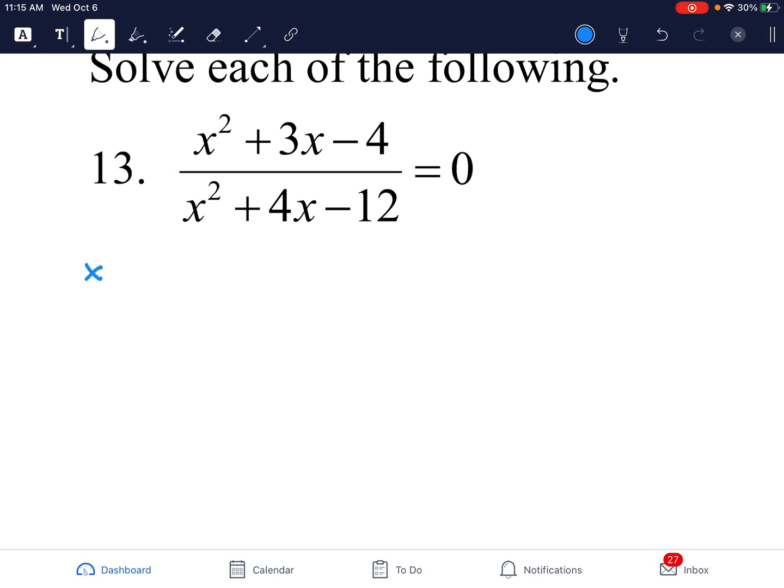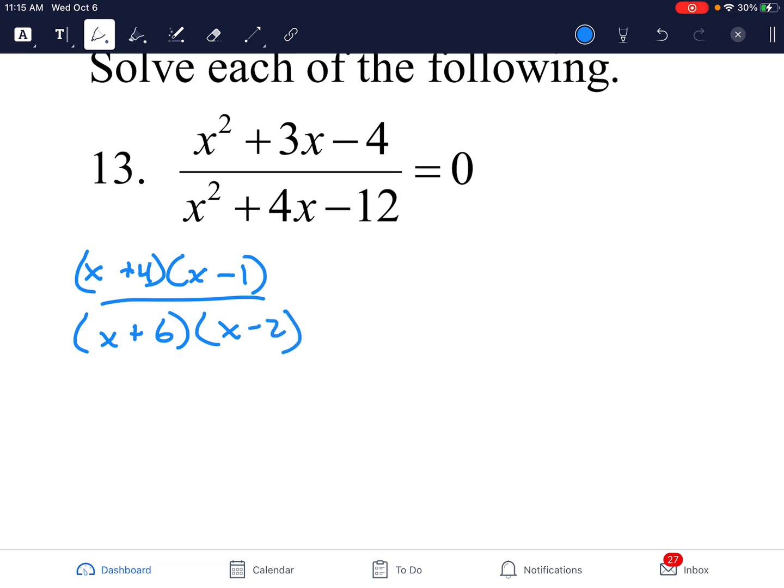So the first one, I'm going to have x plus 4 and x minus 1 as our factors. The bottom, two numbers that multiply to be negative 12 but add to be positive 4 are x plus 6 and x minus 2.